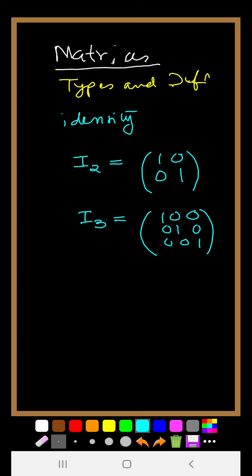Next, we can think of a matrix called a scalar matrix. A scalar matrix is when you multiply an identity matrix with a scalar. That means it is given as, say, A11 0 0 A22.